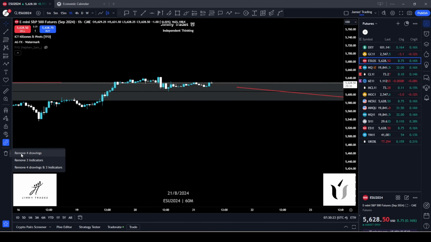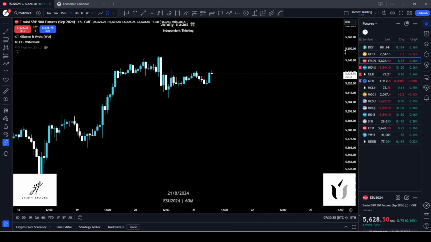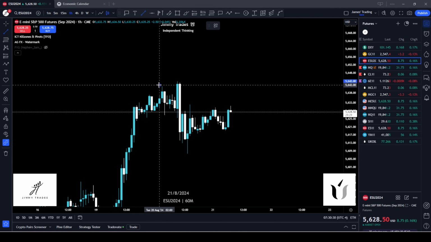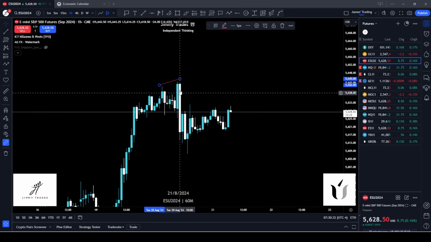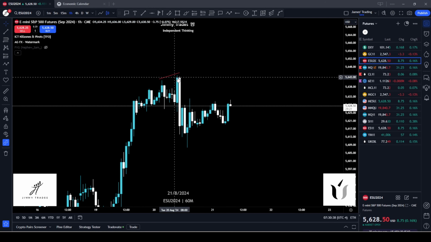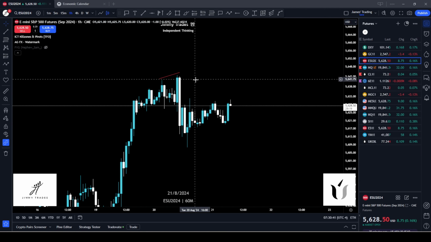On the hourly, which we did already have a look at, but we'll have a quick look at it again. This was the SMT with NQ. So NQ made a lower high, while ES made this higher high.